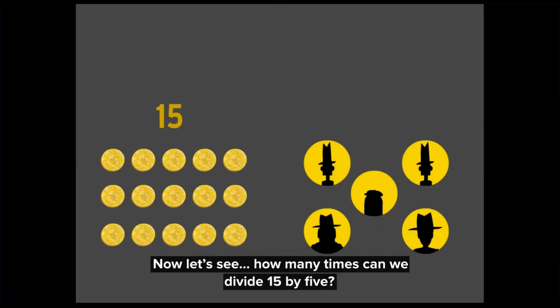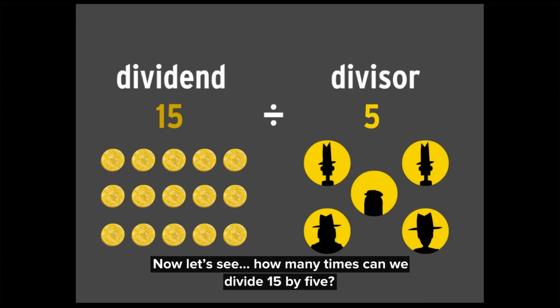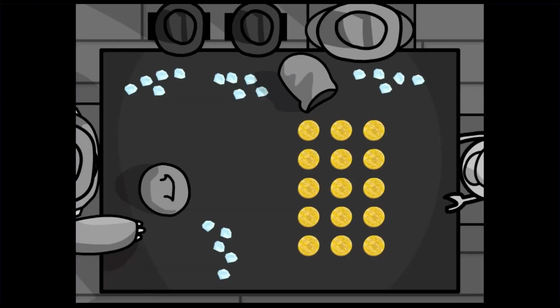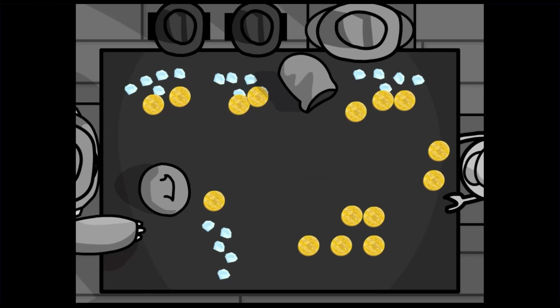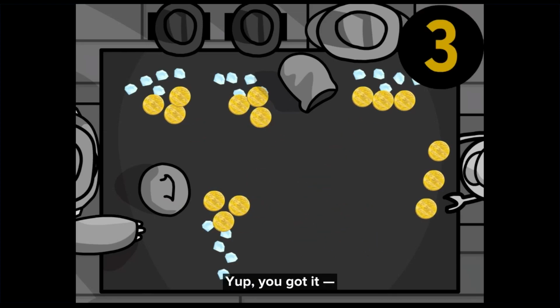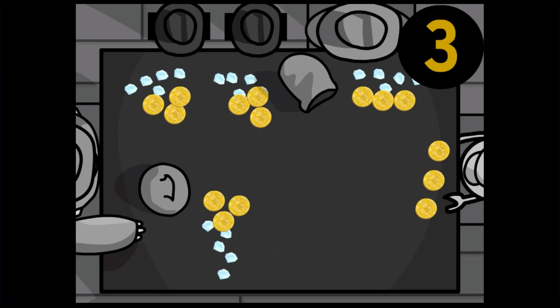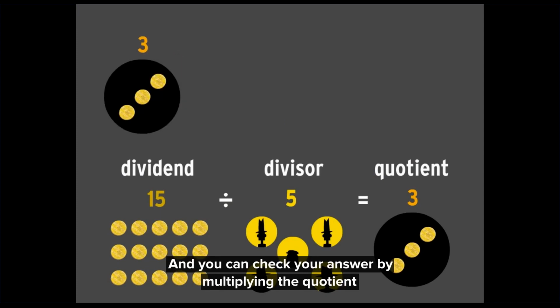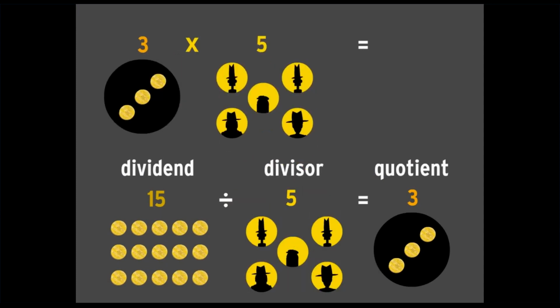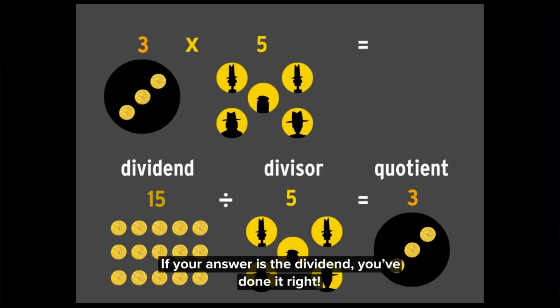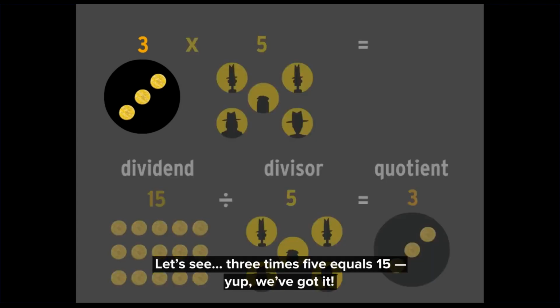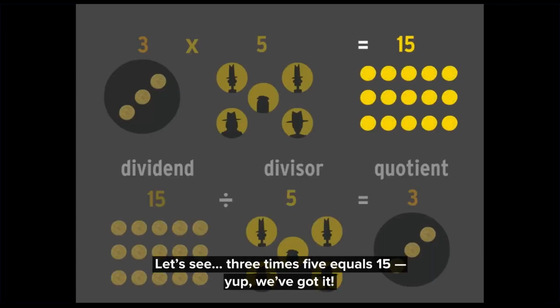Now let's see. How many times can we divide 15 by 5? Yep, you got it. We can divide 15 coins into 5 groups of 3 coins apiece. And you can check your answer by multiplying the quotient by the divisor. If your answer is the dividend, you've done it right. Let's see, 3 times 5 equals 15. Yep, we've got it.